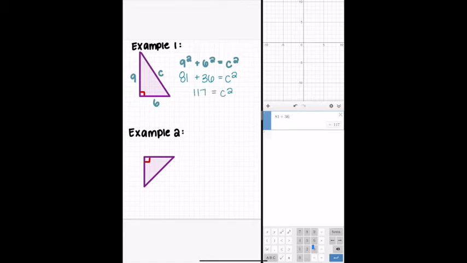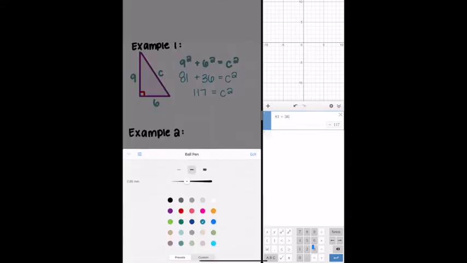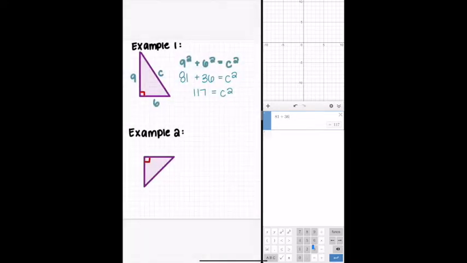Then, to get c by itself, we can take the square root on both sides. So to undo this exponent of 2, I need to take the square root. So the square root of 117 equals c. So you can think of square roots and squares.